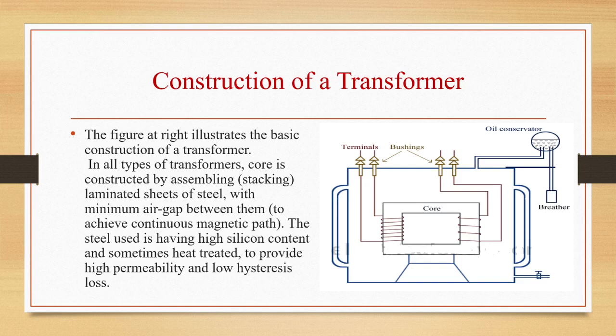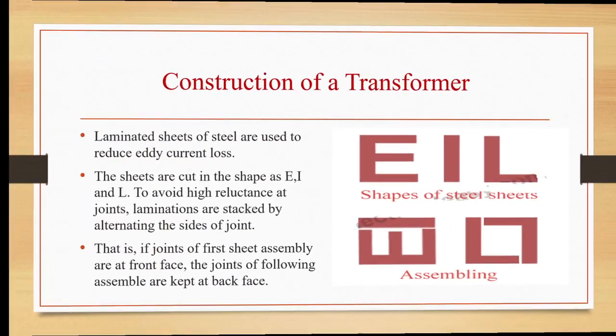These are all the extra accessories provided for a transformer of high rating. In the case of a small transformer, there are two main parts, that is winding and core. Winding is also of two types, primary and secondary. But for a transformer having a higher rating, additional accessories are provided.